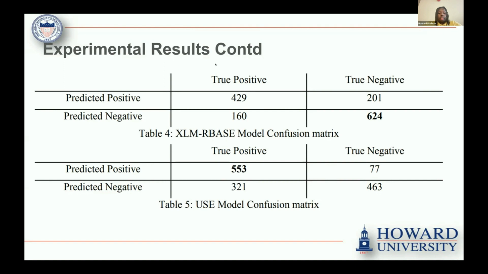And then it was similar but vice versa, where false negatives were a lot more for the USE model, and for the Roberta model, false negatives were a lot lower.